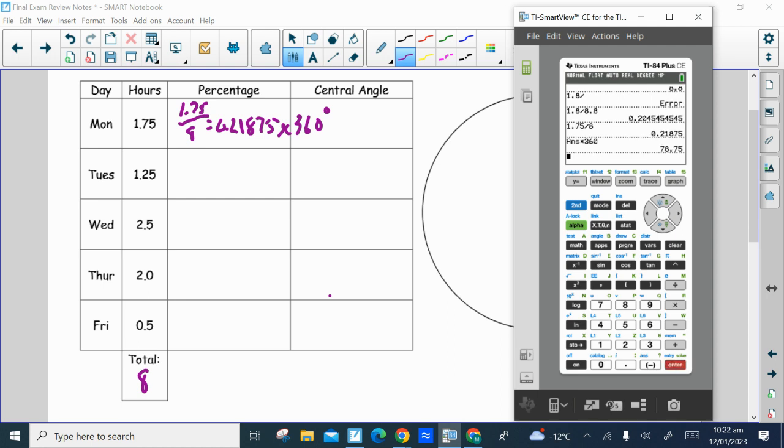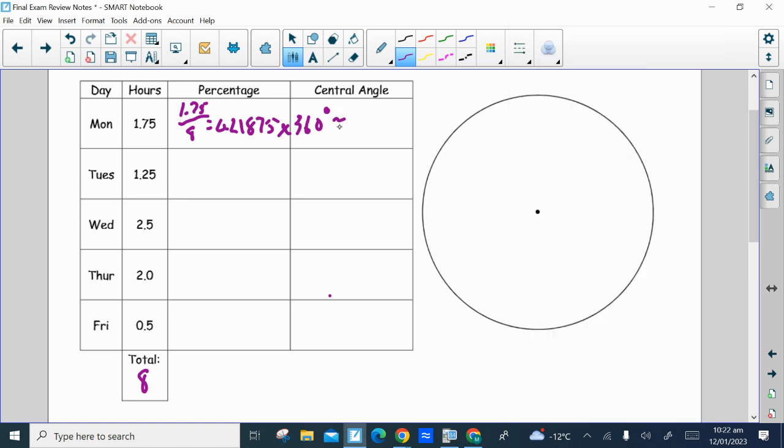And that'll tell us how big the piece of pie is, how big of the circle would be saved for Monday's homework. 78.75, or we'll round that to 79 degrees. That's how big the piece of pie will be for Monday's homework.